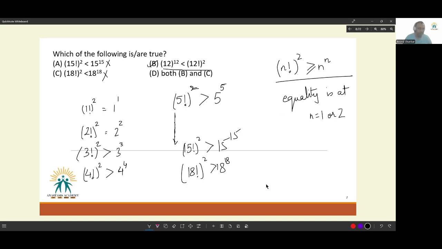It is very similar to another result. Between a raised to the power b and b raised to the power a, wherever the power is higher, that expression is larger.